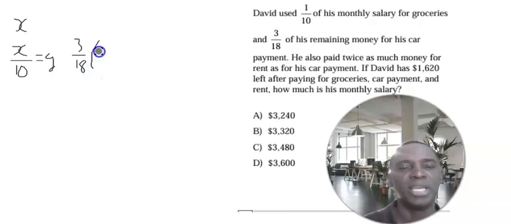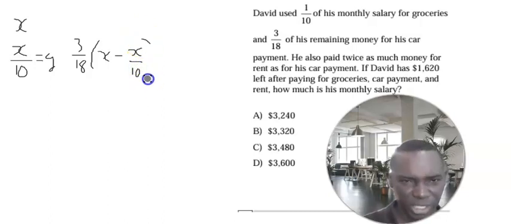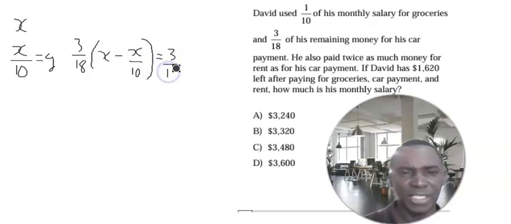The remaining now is going to be x minus x over 10, because that's what is spent on grocery. So put this in parentheses. If you tidy this, what you are going to have will be 3 over 18 times this.